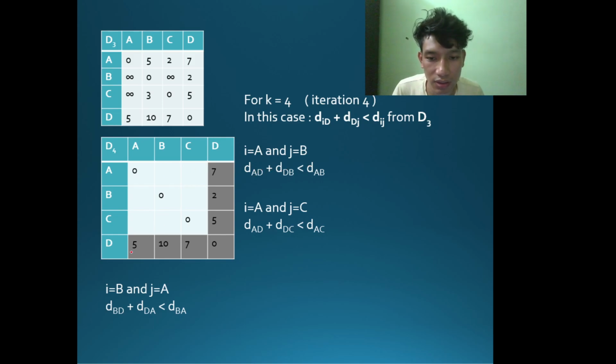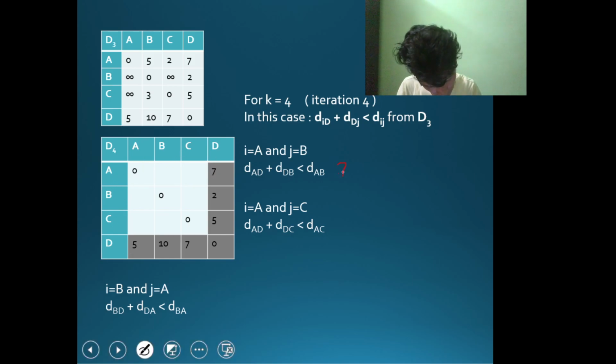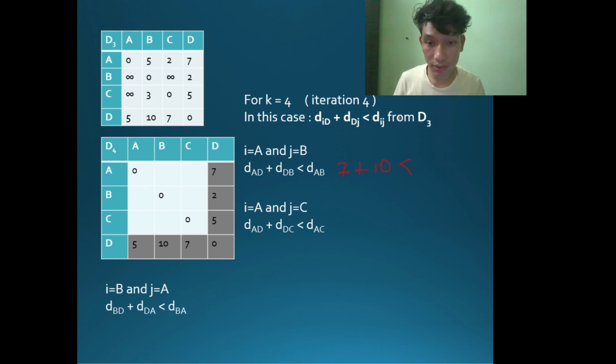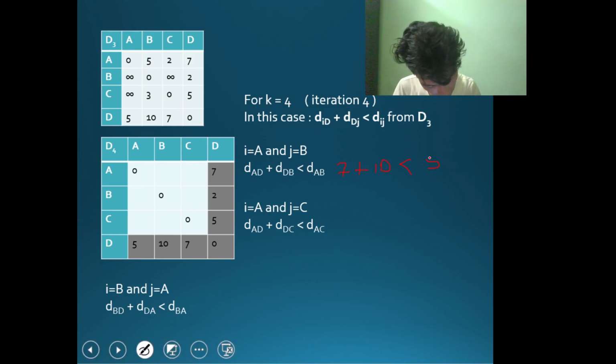So d of ad is 7, and d of db is 10, less than d of ab from the previous one. d of ab from the previous one is 5. That means 17 less than 5 is not true, so we will write the previous element here.